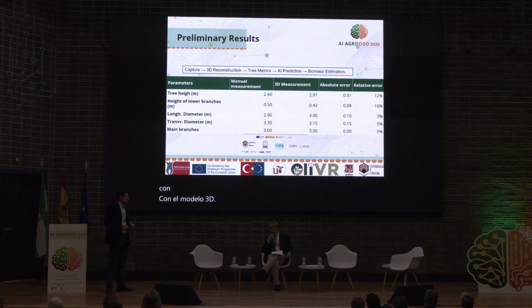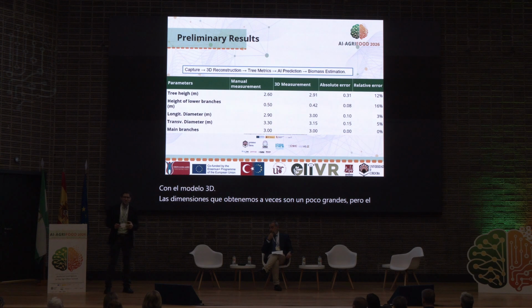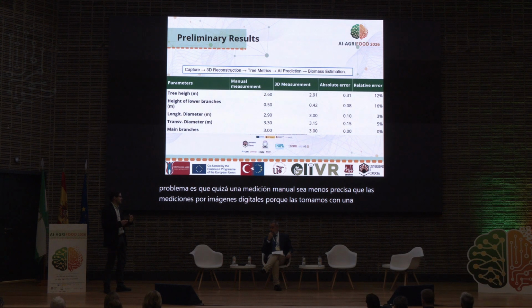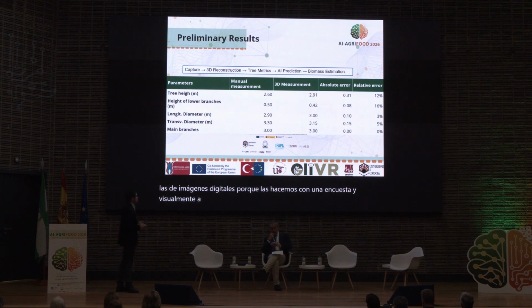The error that we get is sometimes a little bit big, but the problem is that manual measurements may be less accurate than digital image measurements, because we take them with a pole and visually, standing in front of the tree.